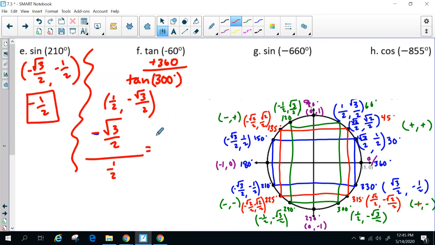Instead of dividing by a fraction, we're going to multiply by the reciprocal. So we end up with negative 2 root 3 on the top over 2. And I can reduce this fraction. Negative 2 divided by 2 would give us negative 1 times that root 3. So when we asked for the tangent of negative 60, that really was negative root 3.